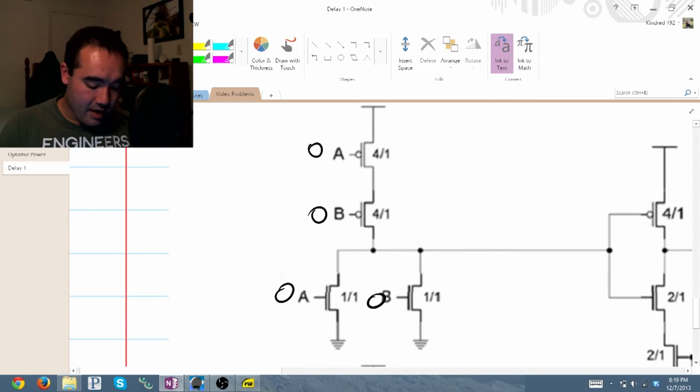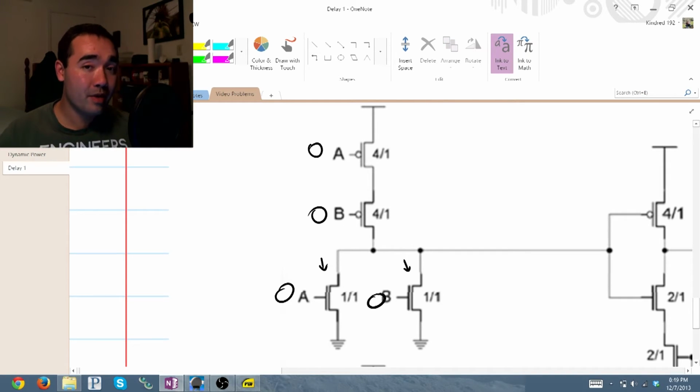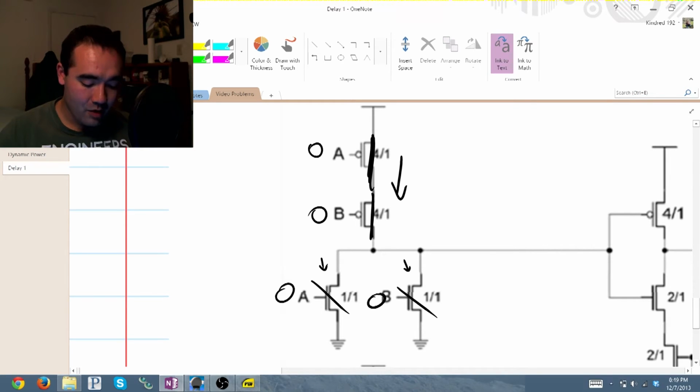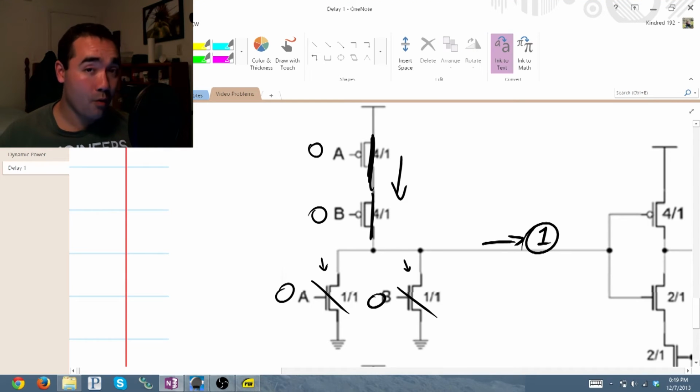It is important, however, to know what our output is going to be. So if these NMOS transistors down here both have an input of 0, they're both open, which means that there's no current traveling through. However, the PMOS transistors are closed, which means that you have current traveling through them, which means that this line right here has a value of 1.